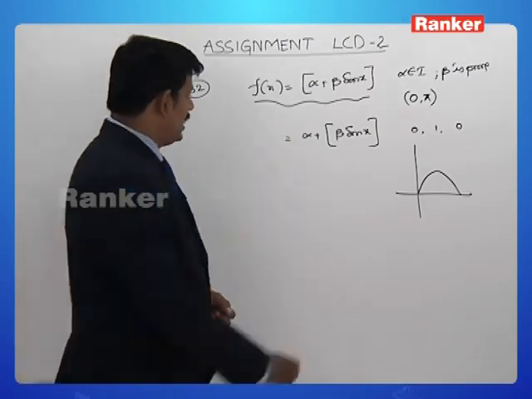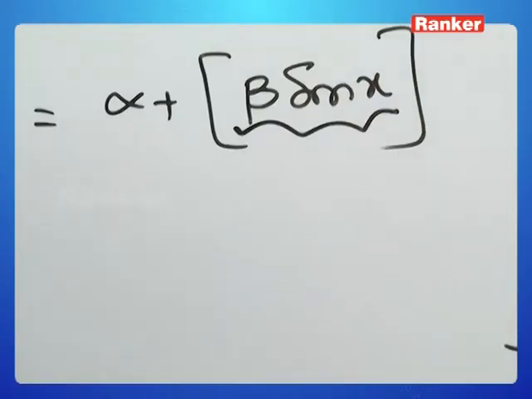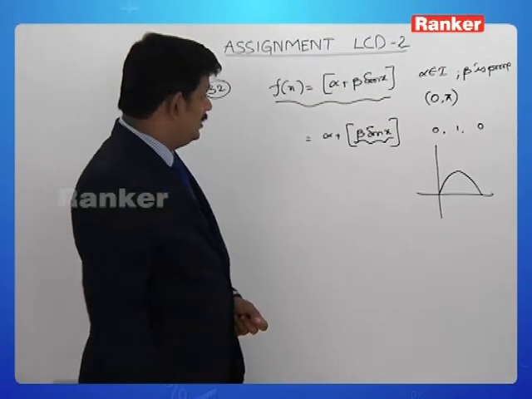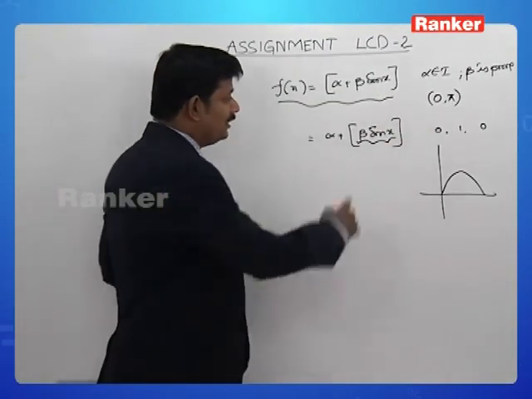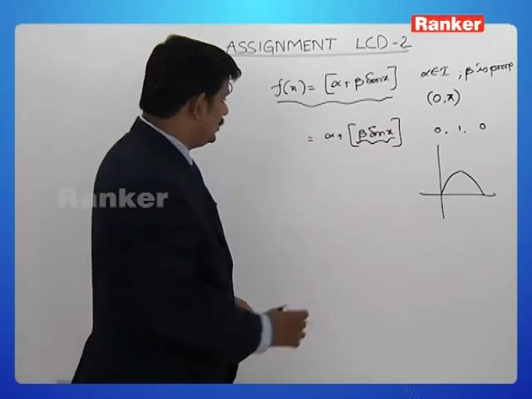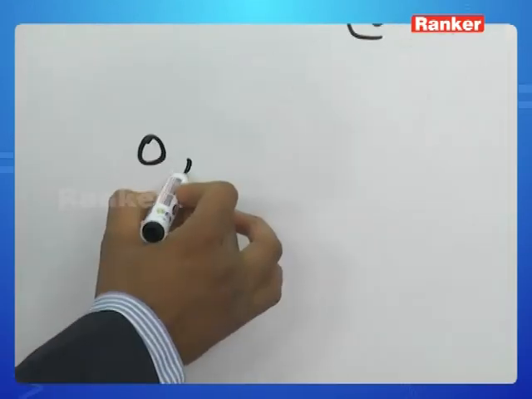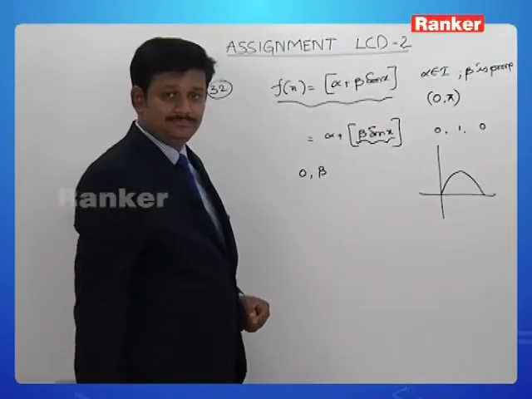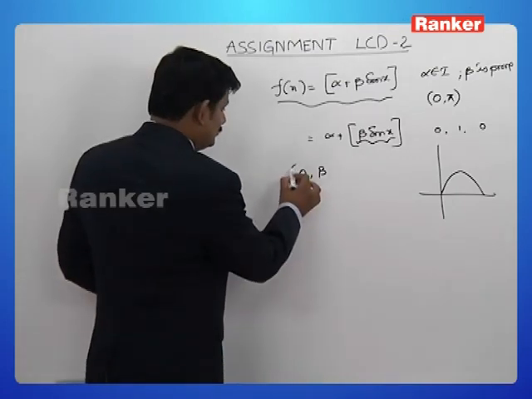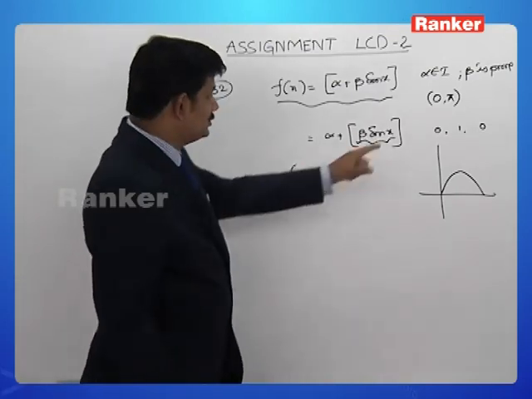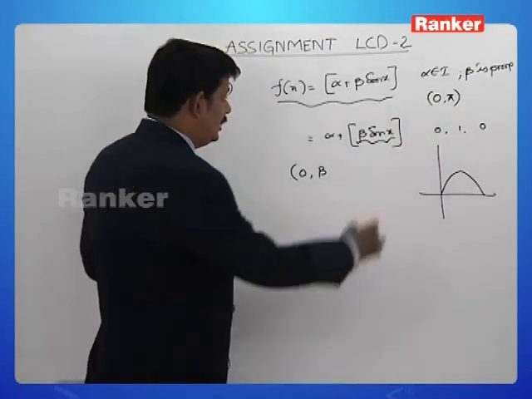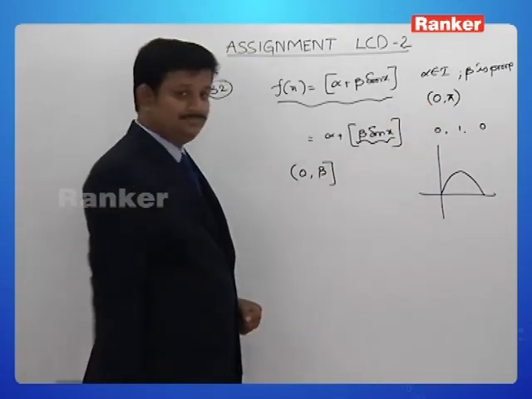Whenever beta sin x is an integer, when sin x is varying from 0 to 1, beta sin x will vary from 0 to beta. 0 is not included because it is an open interval at 0, and 1 is included.